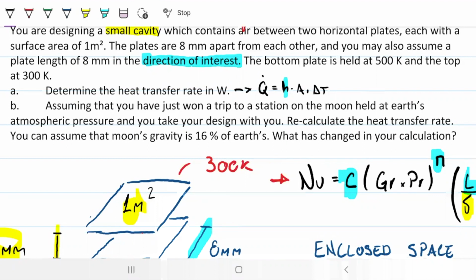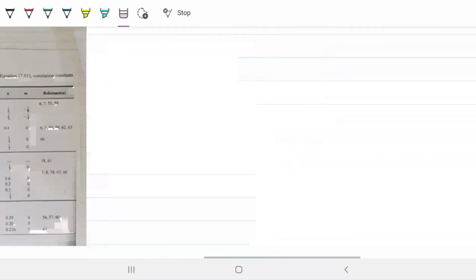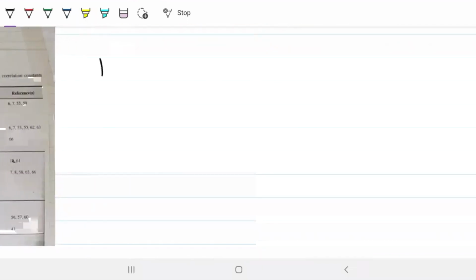Okay, so same atmospheric pressure, but now, let me go ahead and undo this because we're going to have to go back to this. Let's do part B, at the moon.